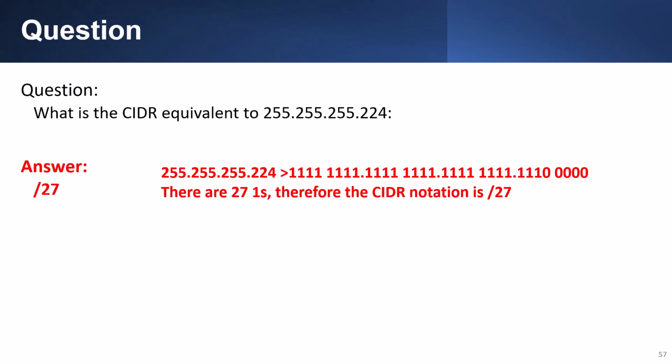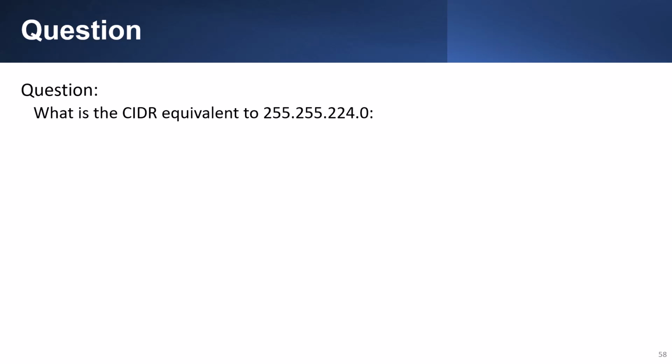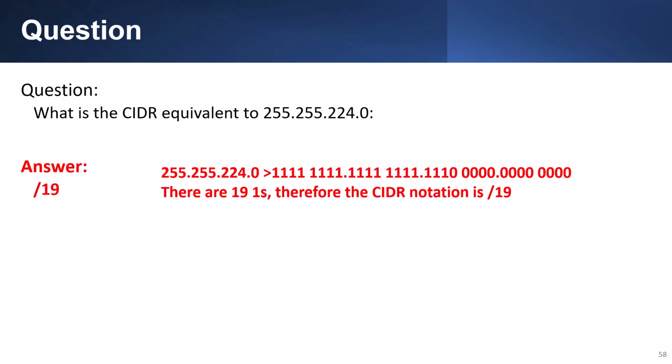Answer: /27. Question: what is the CIDR equivalent to 255.255.224.0? Answer: /19.